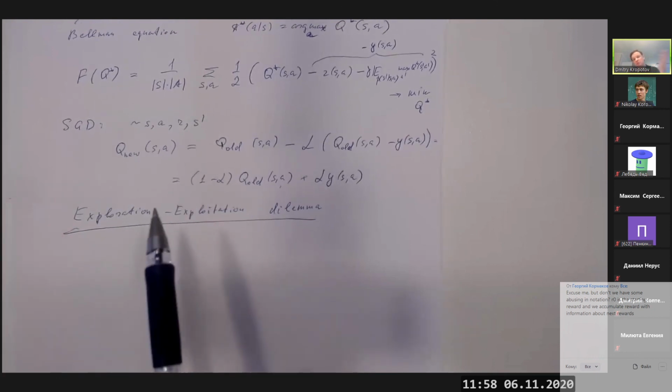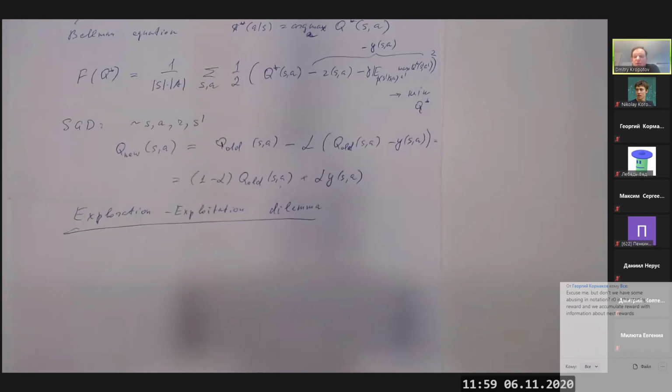Or you may try some other actions that may not be as good according to the current estimate of the Q or V function, but in the hope that in the future it would lead you to higher values of reward. And in order to learn good policies, you should somehow balance these two regimes.